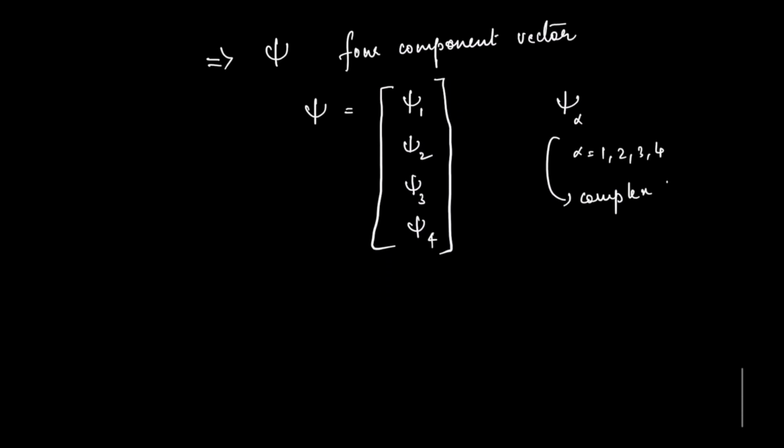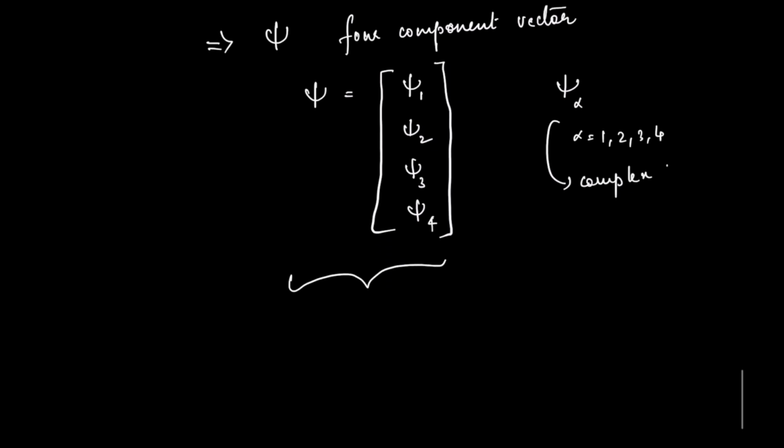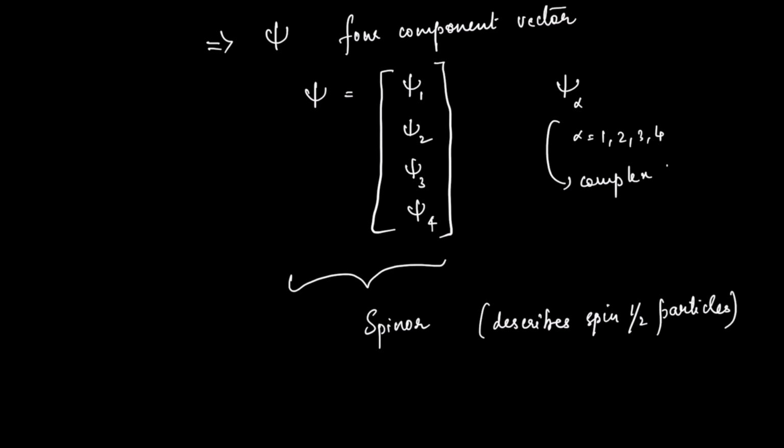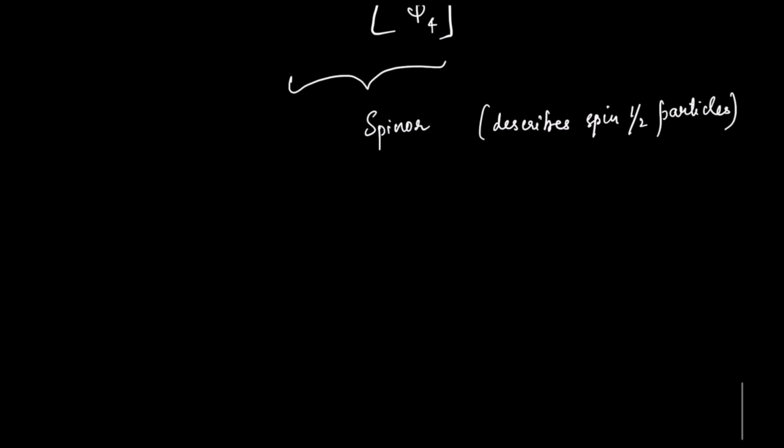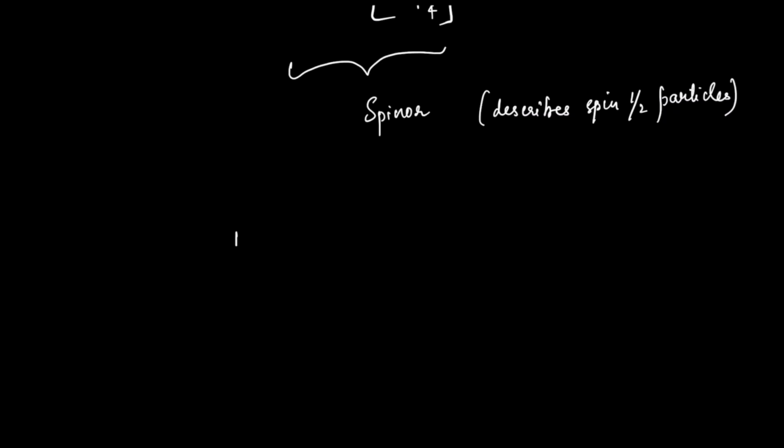This new object is called a spinor, as it describes spin half particles. So I can rewrite the Schrodinger equation.